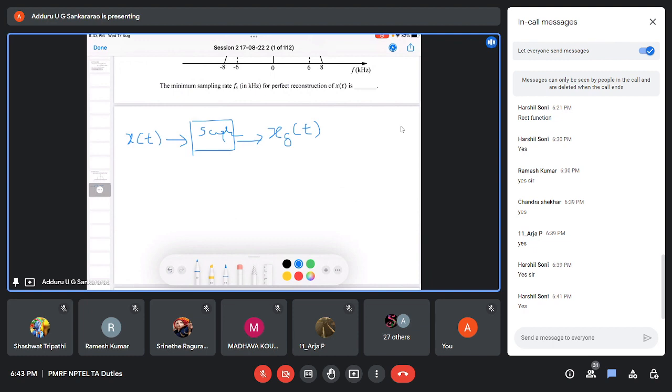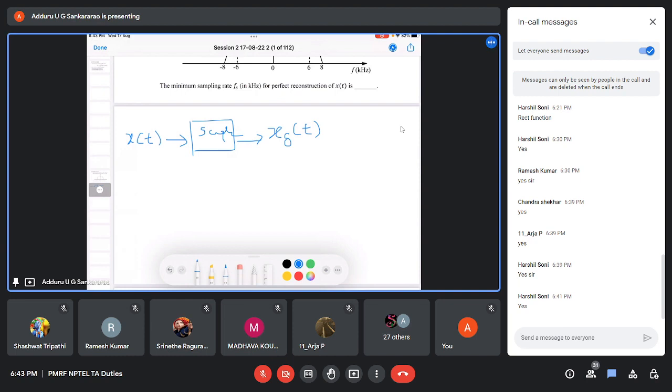That is the sampled signal. Now, they are asking in the question, for perfect reconstruction, a sampled signal is there. Again, we have to reconstruct the original signal from that. So it should be passed through a reconstruction filter, some kind of low pass filter.